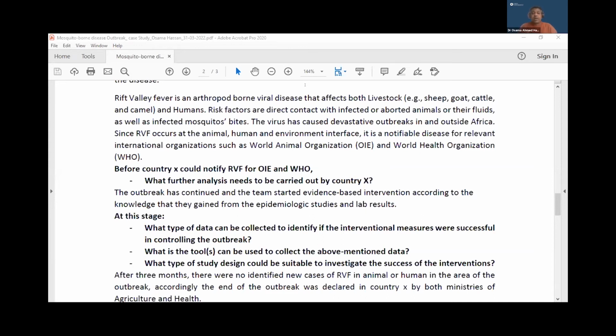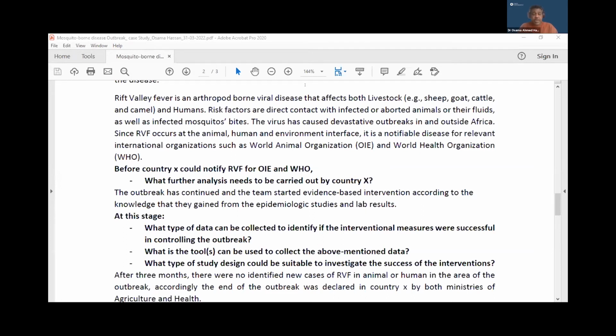And then at that time, we would provide specific data of patients and demographics of patients, and absolutely for OIE, also data about animals and demographics of animals. This is important. But remember, before we go and notify this kind of international disease, there is what is called a reference lab for WHO and a reference lab for OIE, and both of them have reference labs in Africa.